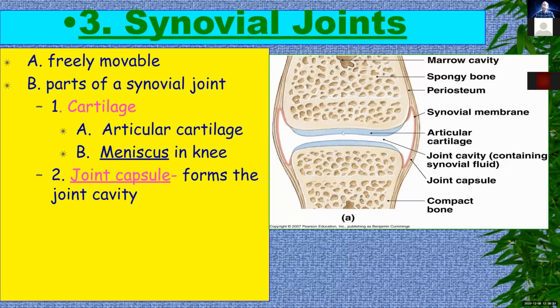This forms a cavity around the two ends of the bone. This allows some fluid to form inside this joint, which creates a nice, almost frictionless surface for the two bones to move against each other. So it provides a little space with fluid in between the bones.